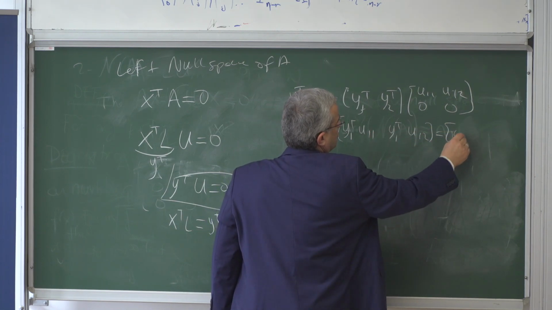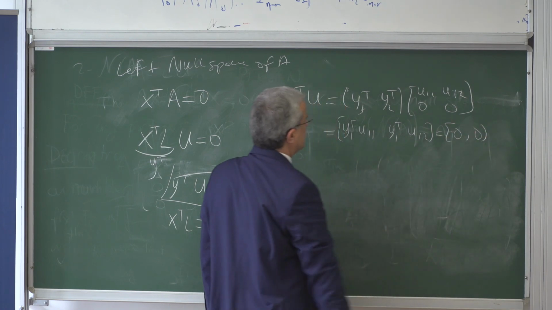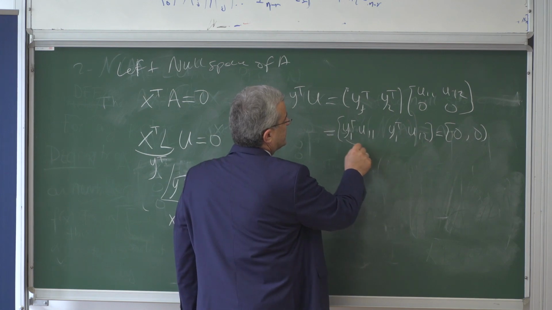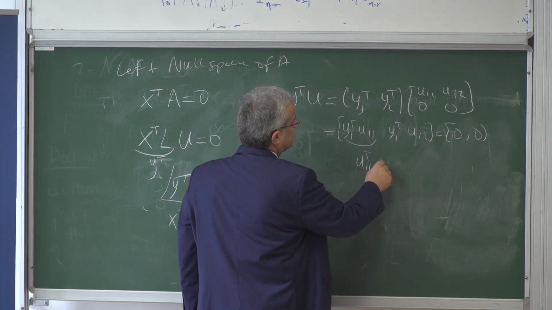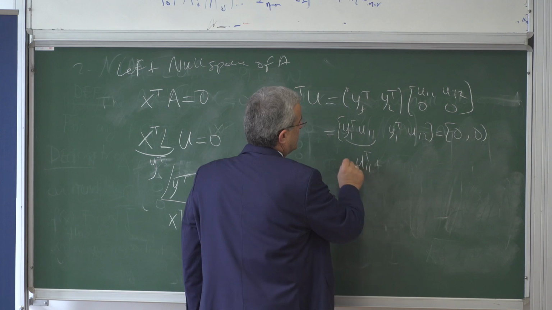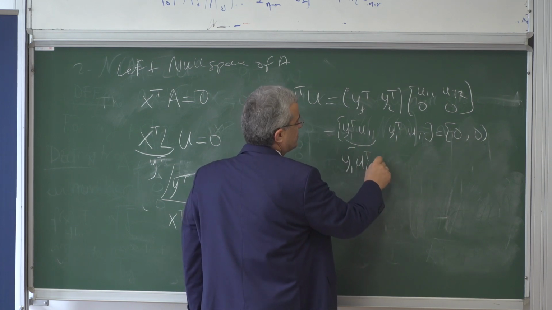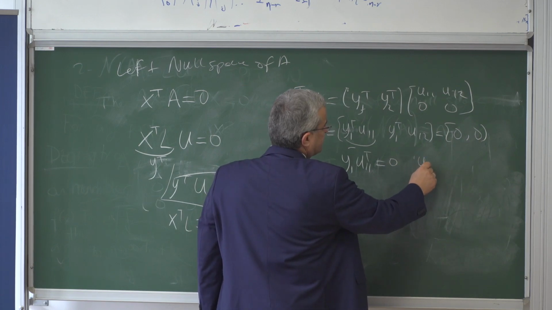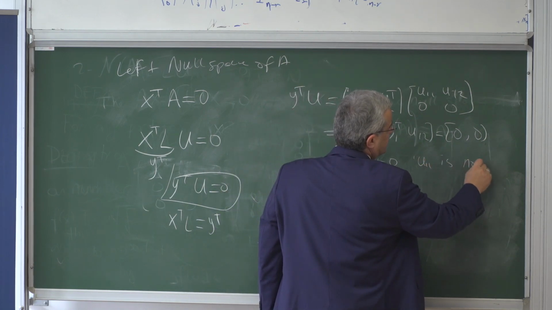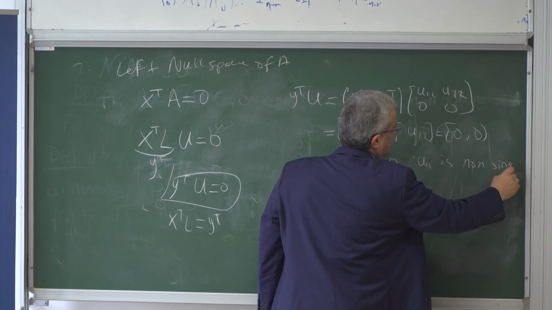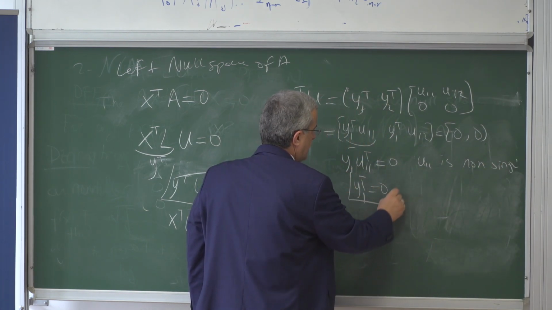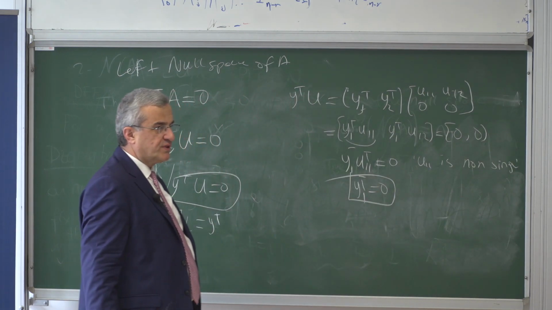This has to be equal to 0, 0, right? So the first one gives you what? U11 transpose Y1 is equal to 0. That means, since U11 is non-singular, Y1 transpose is equal to 0. Okay?